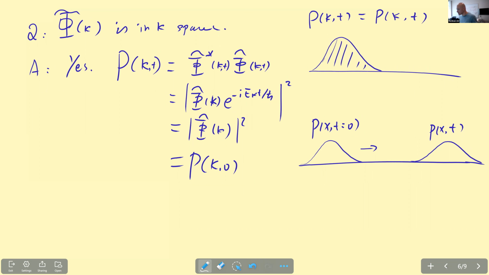In the printed lecture notes, I probably use Q minus K, but that's only a change of notation. It's not a big deal. So this is in the K space. This is in the X space.